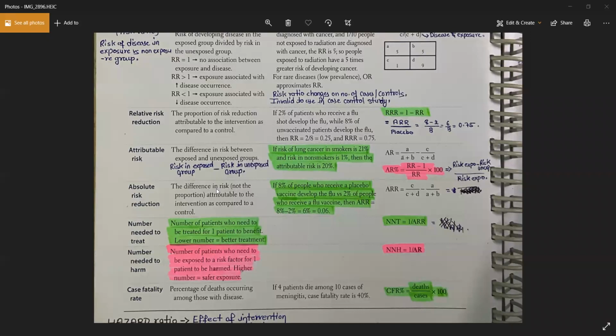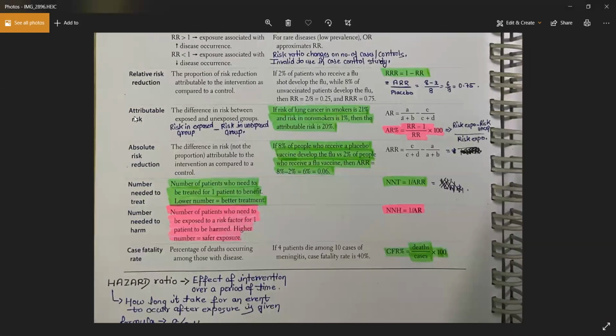Okay. Then comes the absolute risk reduction. It is the same as the attributable risk, the decrease in the risk. In case of the relative risk reduction, what I did is I divided the attributable risk by the placebo or the original risk. And in case of an absolute risk reduction, you just need to subtract them.